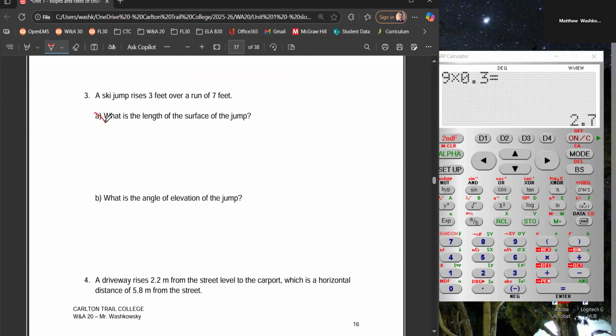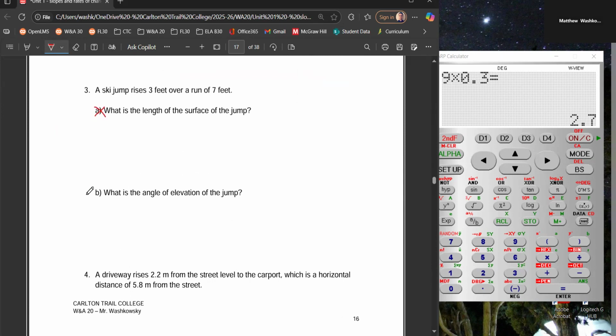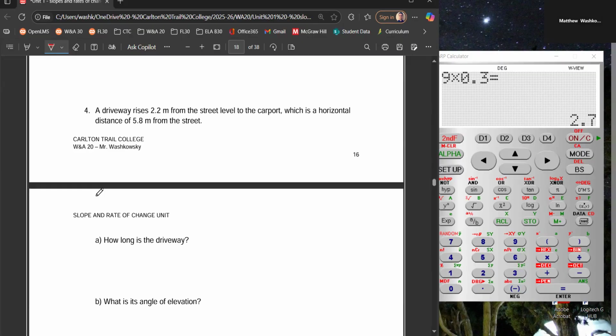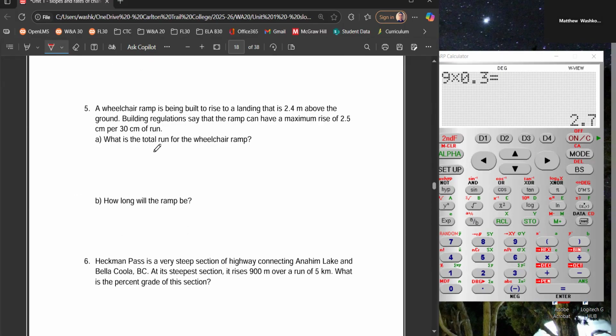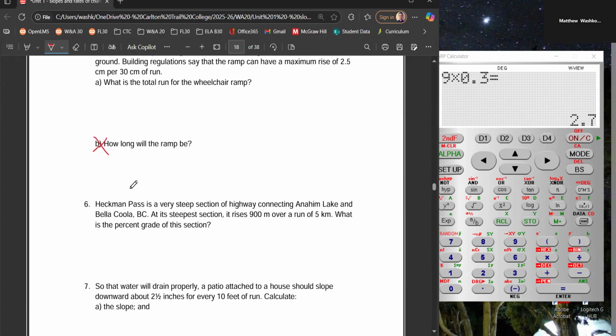You don't need to worry about question 3A. You should be able to do question 3B though. You don't need to worry about question 4. You can just skip that entirely. You can do question 5A, but you don't have to do 5B.